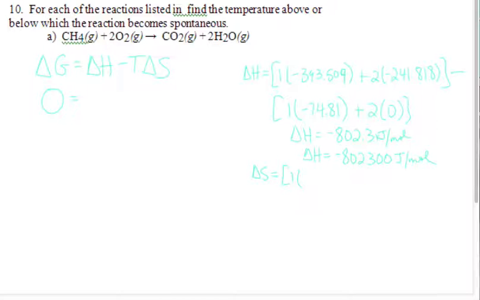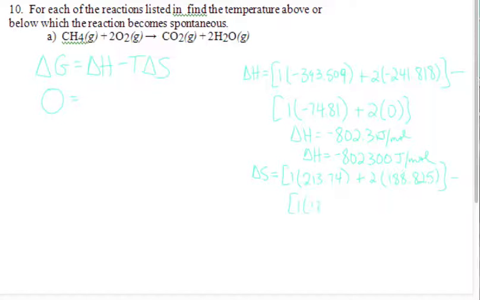1 times CO2 is 213.74, plus 2 times water gas, 188.825, minus reactants. Methane is 186.264.